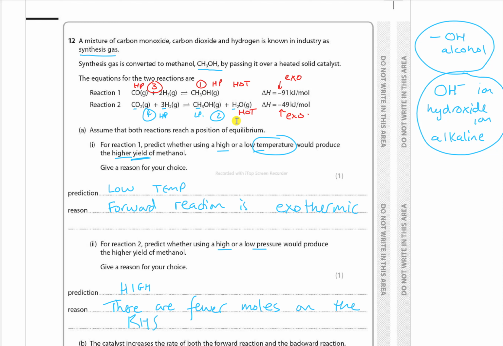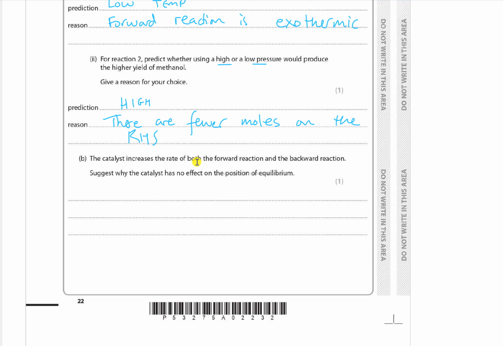Okay. A catalyst increases the rate of forward and backward reaction. Right, so it says it increases both of them. So, why doesn't it have an effect? Right, this is like a uniquely worded question, really.